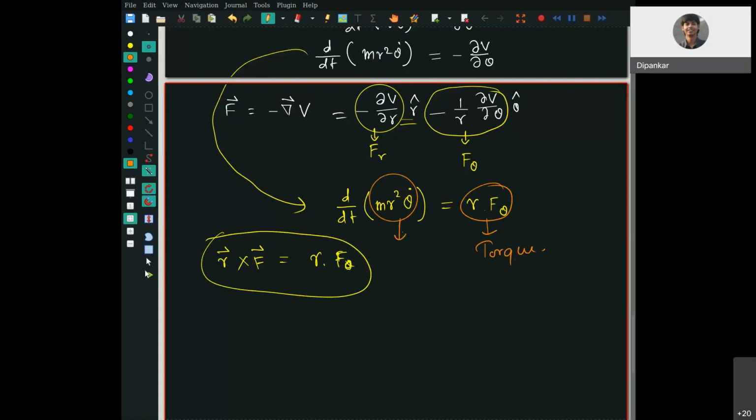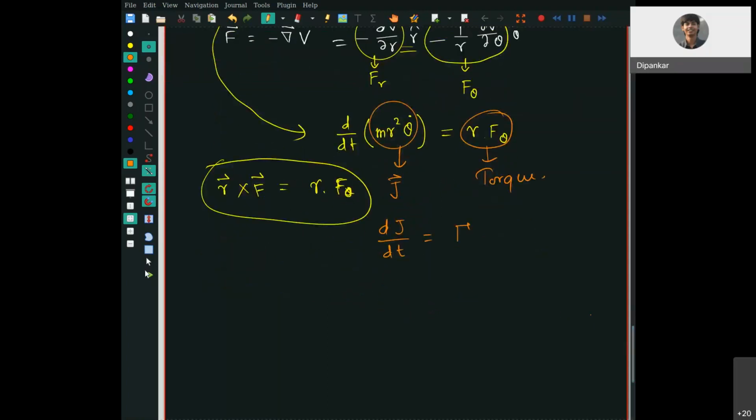And this is your angular momentum, J. You can check that your angular momentum is r cross p. So what you have here is just dJ dt equals your torque.